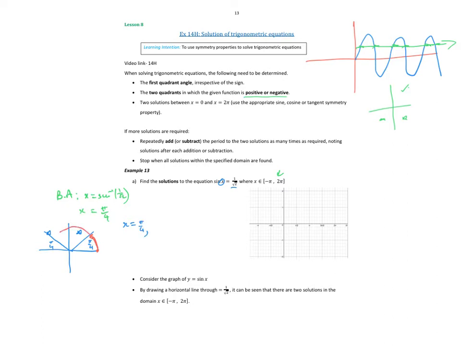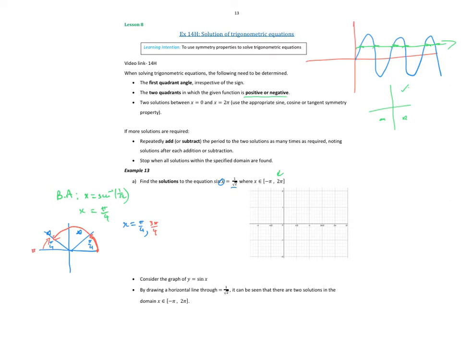This angle around to here is pi minus pi on 4, and pi minus pi on 4 is 4 on 4 minus 1 on 4, which is 3 pi on 4. There's my first two solutions.